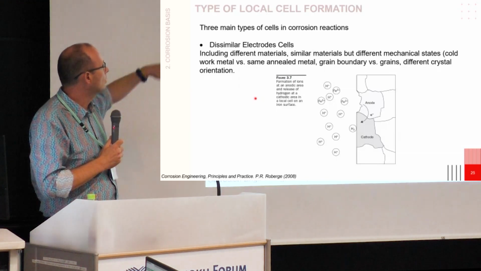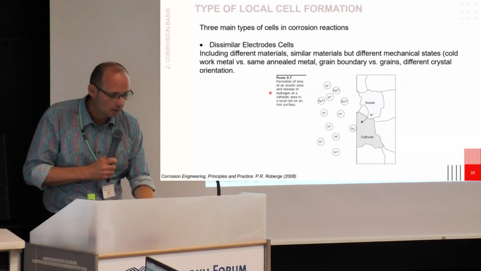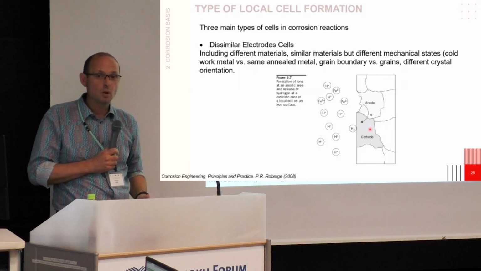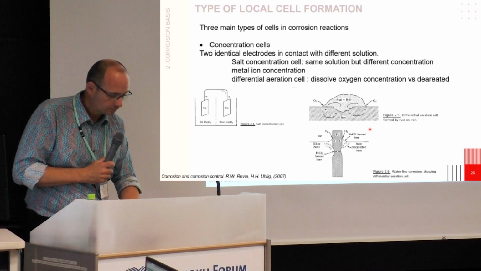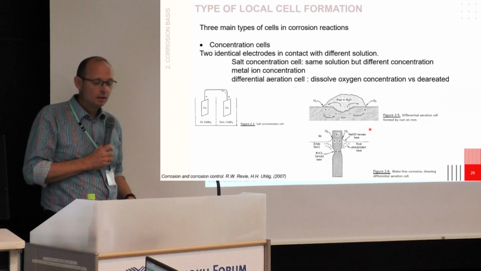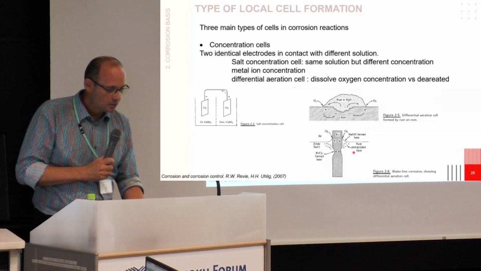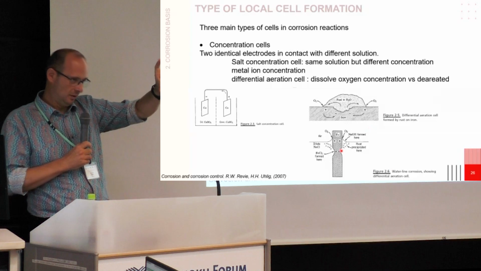This is what we call a dissimilar electrode cell. For example, this is the case here. One grain will dissolve, whereas the other one will not dissolve. I already illustrated this one. It was my rod bar deep in water.